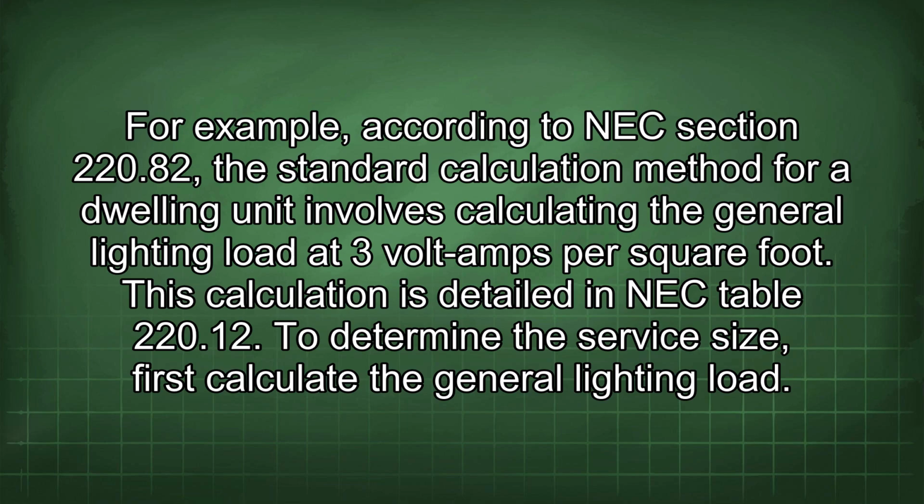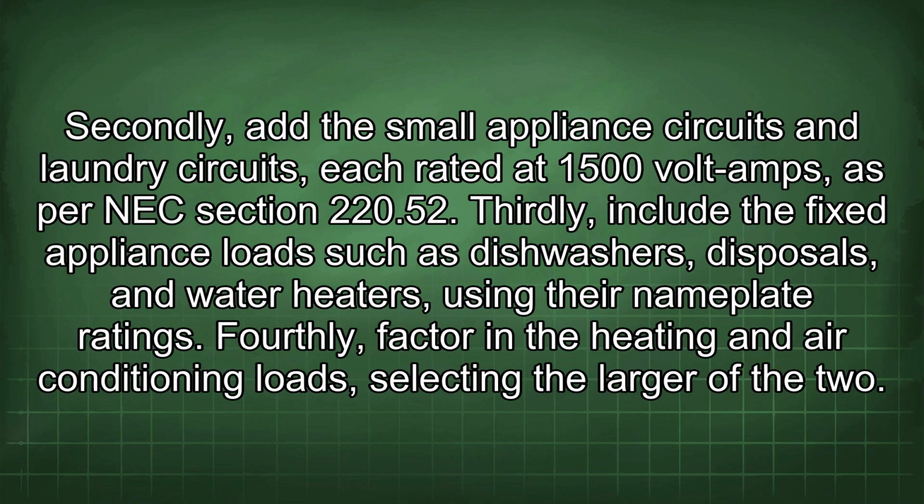To determine the service size, first calculate the general lighting load. Secondly, add the small appliance circuits and laundry circuits, each rated at 1500 volt-amps, as per NEC section 220.52. Thirdly, include the fixed appliance loads such as dishwashers, disposals, and water heaters, using their nameplate ratings.